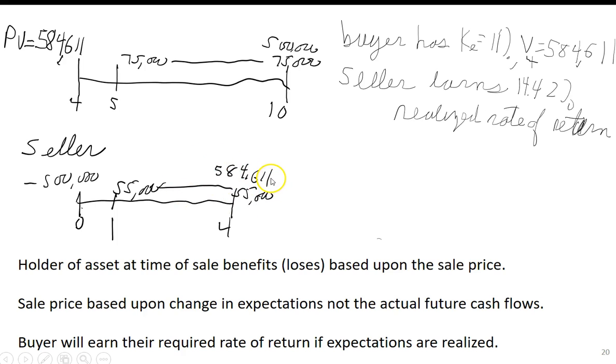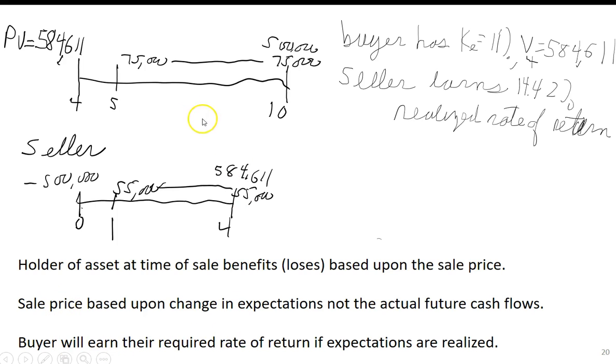Using your financial calculator and/or Excel, you should find the seller has earned 14.42%. That is to say, the seller, the holder of the asset at the time of the sale, benefits or loses based upon the sale price. Now, the buyer, which you can solve for yourself, will earn 11%.